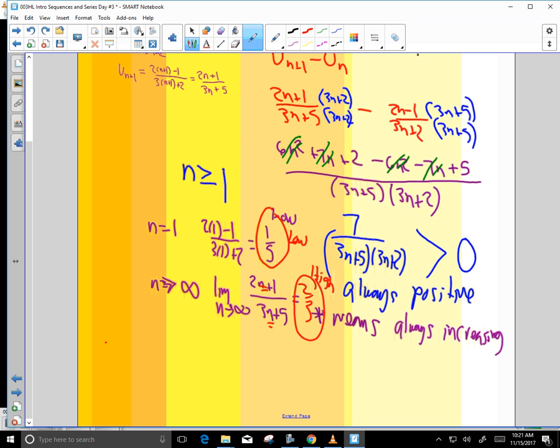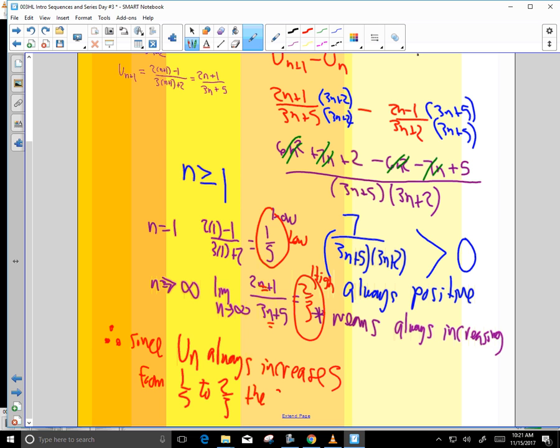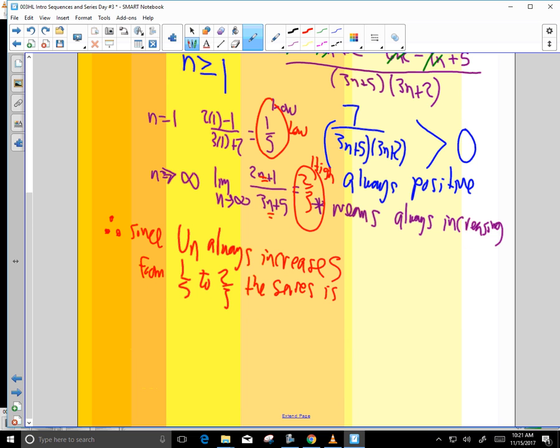Okay. Therefore, since u of n always increases from, what's my low? 1/5 to 2/3, the series is bounded by definition.